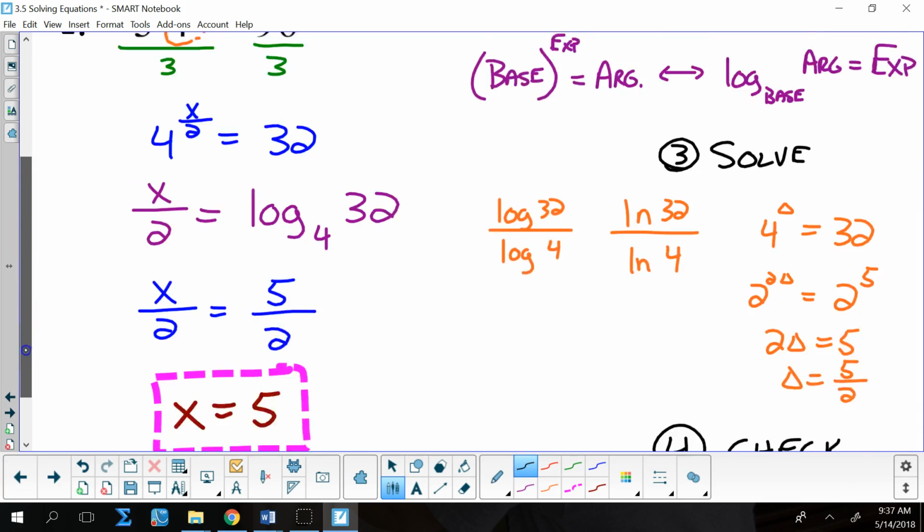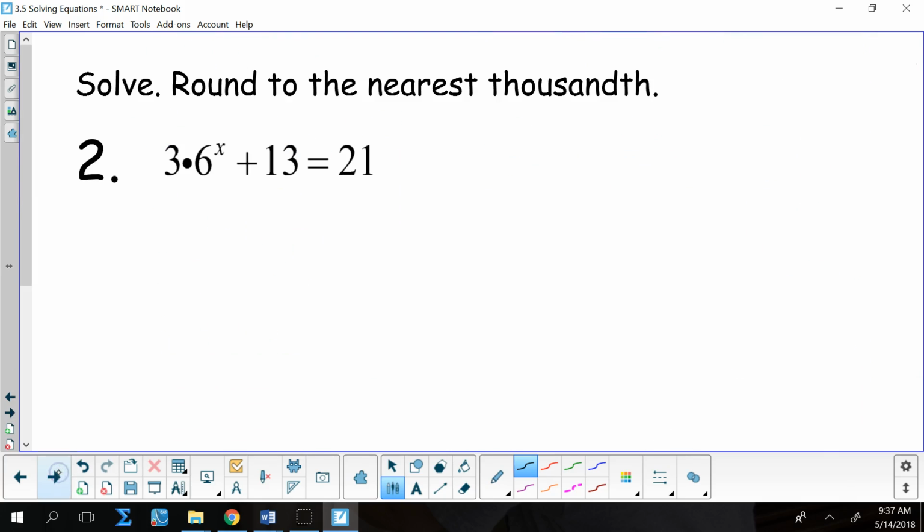What I would like you to do now is solve this particular example. First off, I would subtract 13. Then that gives me 3 times 6 to the x power equals 8. Divide both sides by 3.